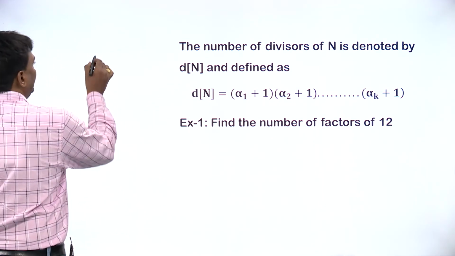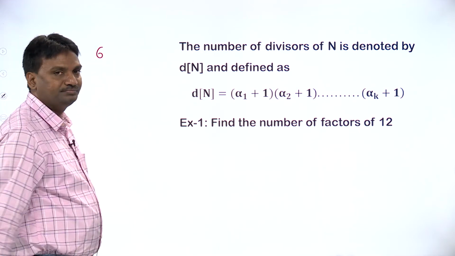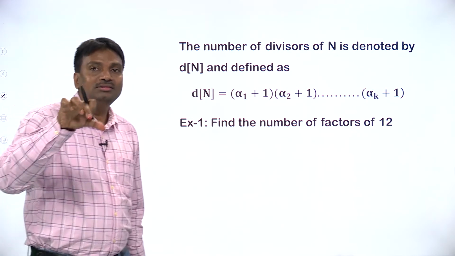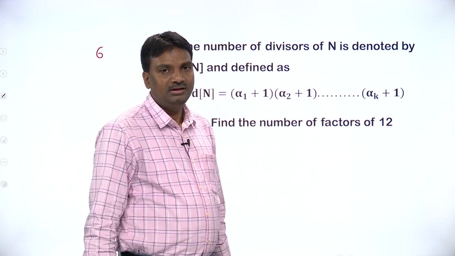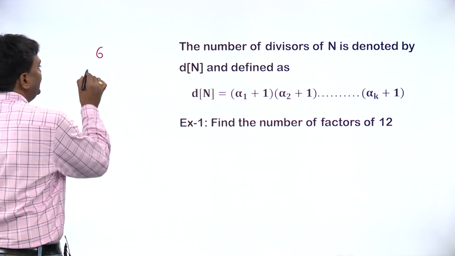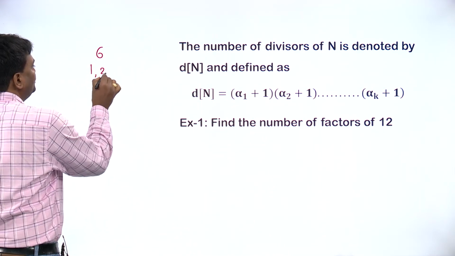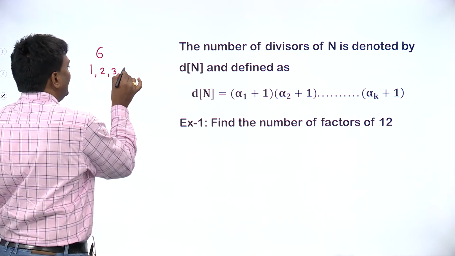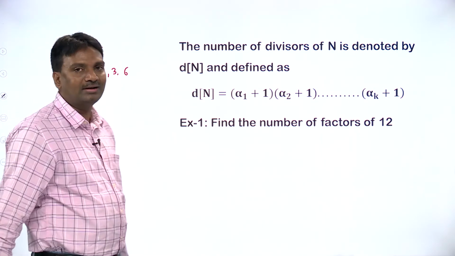So, for example, if we take 6, here by writing all the divisors of 6, a divisor is nothing but a factor of 6. We know 1 is a factor of 6, 2 is also a factor of 6, 3 is also a factor of 6, and 6 is also a factor of 6.